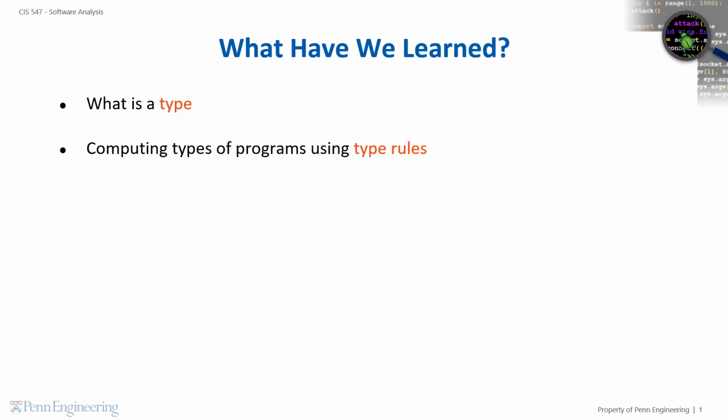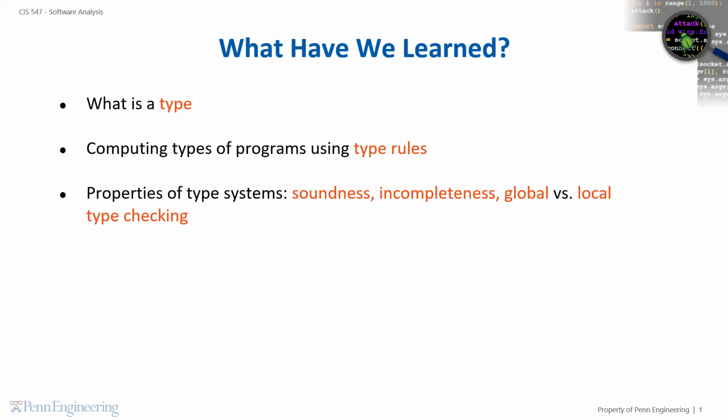How to compute the types of programs using derivations from type rules. The properties of type systems: soundness, that is guaranteeing no false negatives; incompleteness, that is the occurrence of false positives; and type inference, also called type checking or type reconstruction.